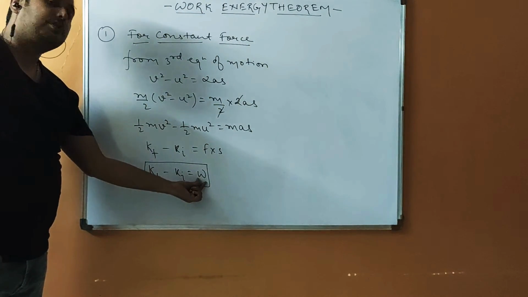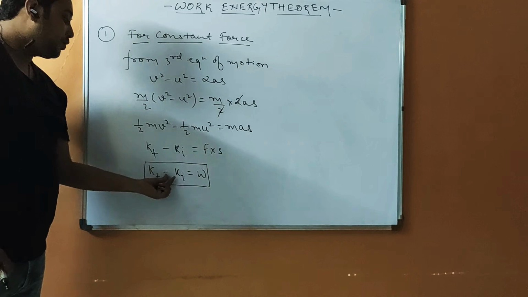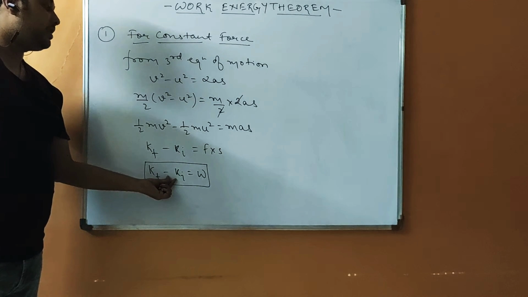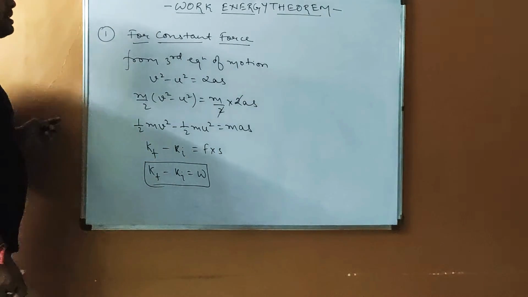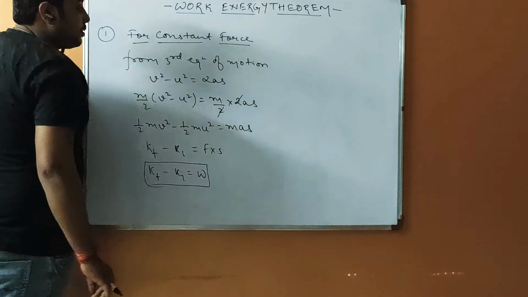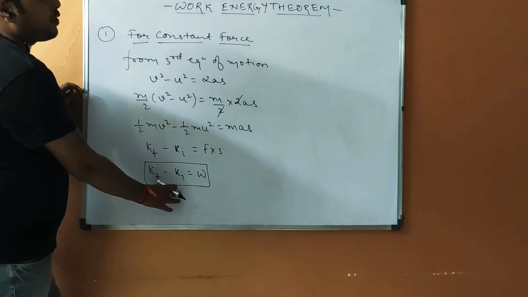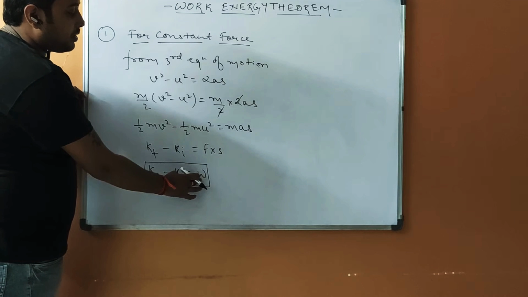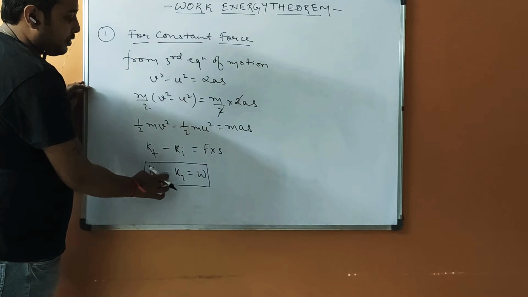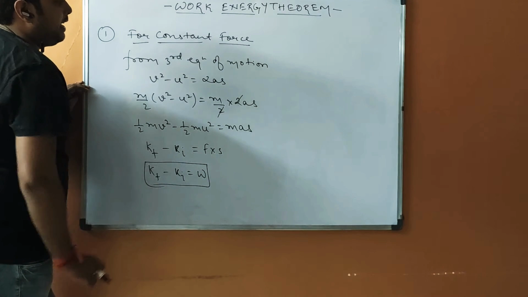The net work done on the body is equal to the change in kinetic energy of the body. Again, I am repeating, what is the work energy theorem? This is the expression for the work energy theorem, and this is the statement. The net work done on the body by the force is equal to the net change in kinetic energy.